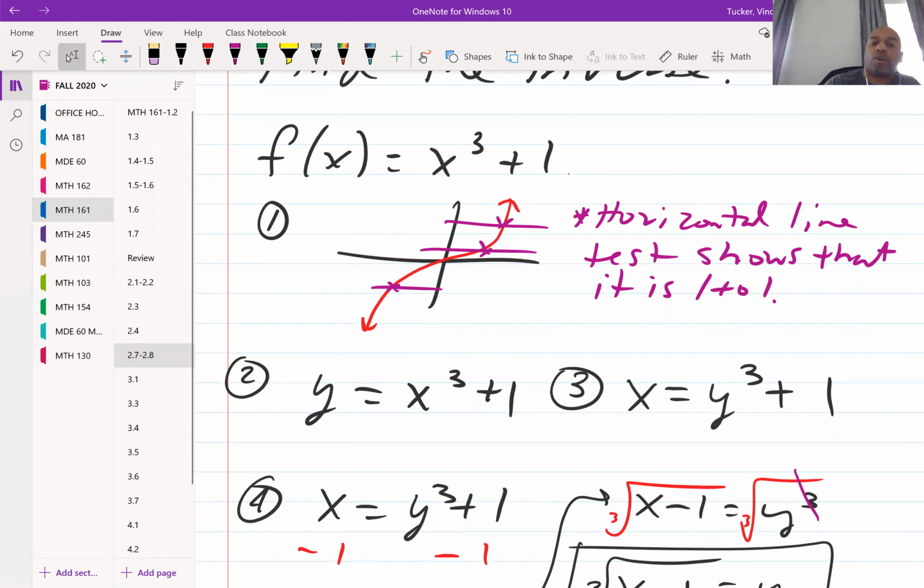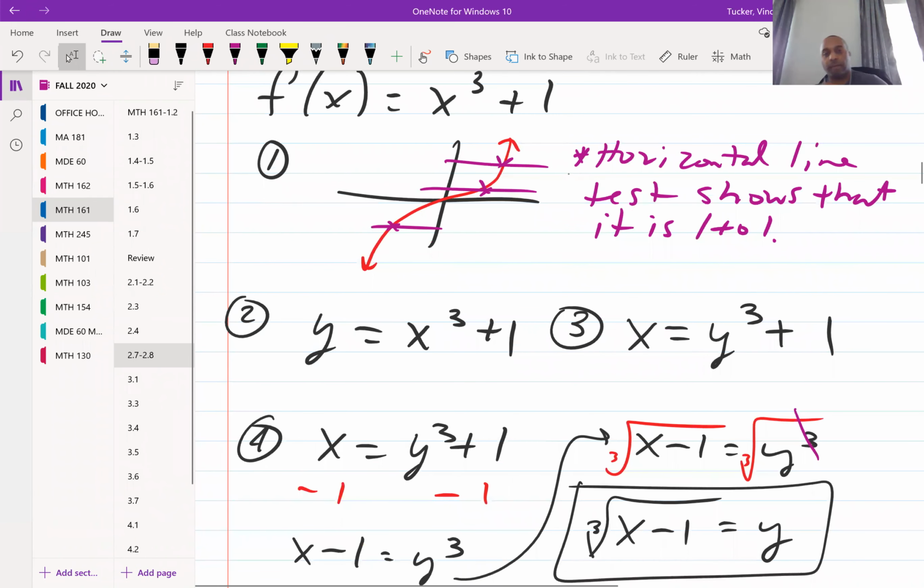Step 4, solve for y. So subtract the 1 from both sides, and then take the cube root of both sides to get the cube off of y. So you see we have the cube root of x minus 1 is equal to y.